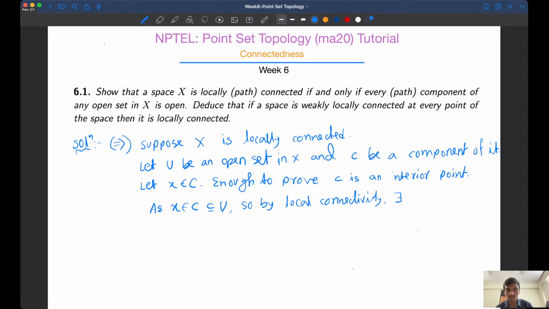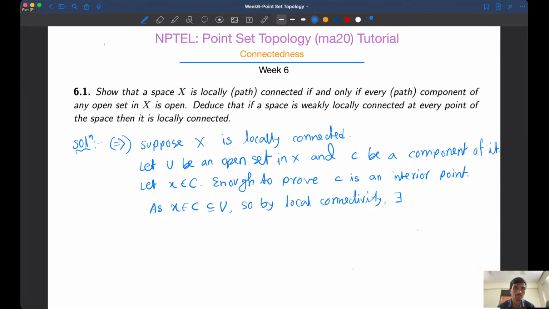The containment in C is not important, but x belonging to U is important because U is an open set in X and x belongs to U, so U is a neighborhood of x.